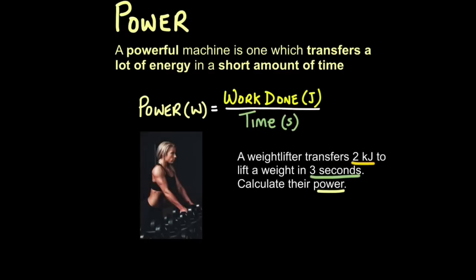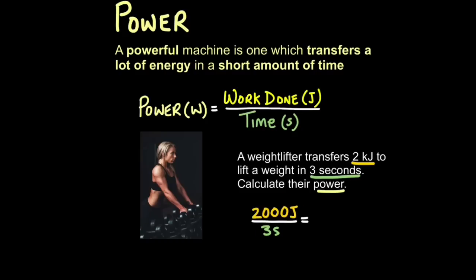So for example, if a weightlifter transfers 2 kilojoules to lift a weight in 3 seconds, so from here to here, and that takes 3 seconds, calculate their power. Well, the work done has to be in joules, not kilojoules, so it would be 2000 joules. 2 kilojoules is 2000 joules, 1 kilojoule is 1000 joules. And the time taken is 3 seconds.